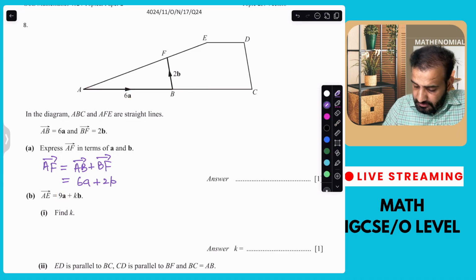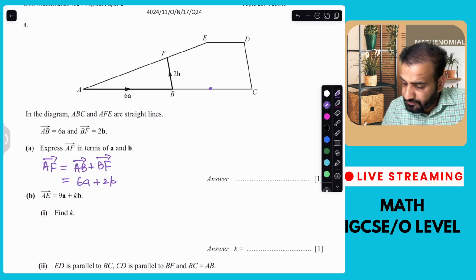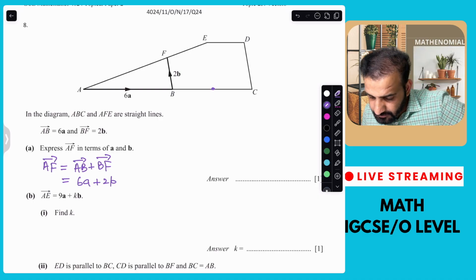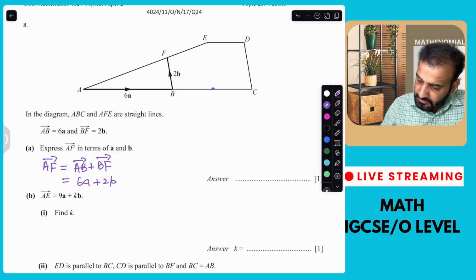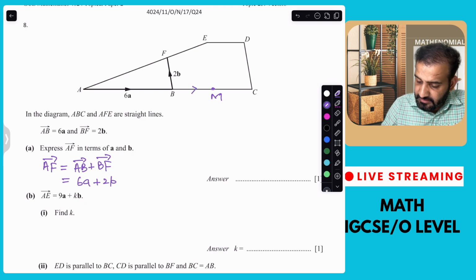Let's say this point is, let's call it M. So this is 3a.